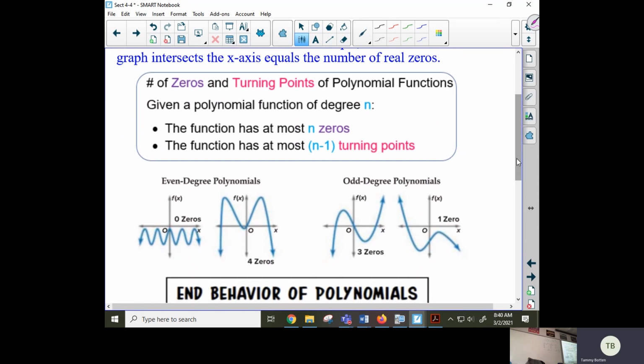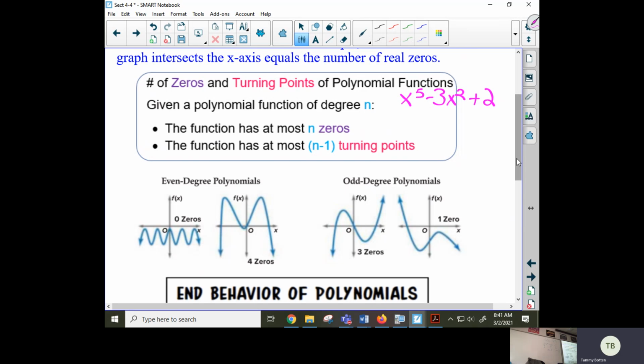Now, if the highest power of a function is n, that function can have at most n zeros. So here's what they mean by that. If you had x to the 5th minus 3x squared plus 2, the most zeros that this could have is 5.